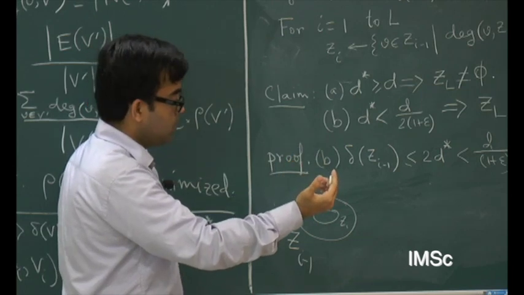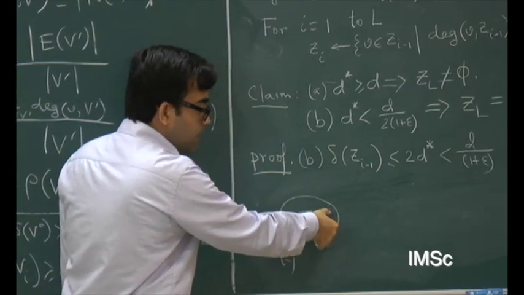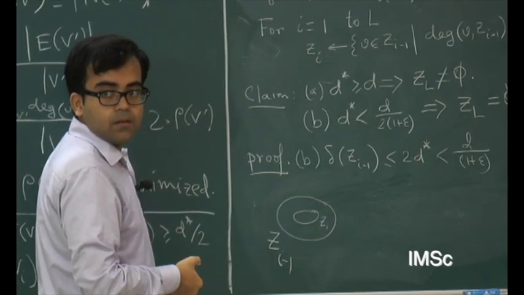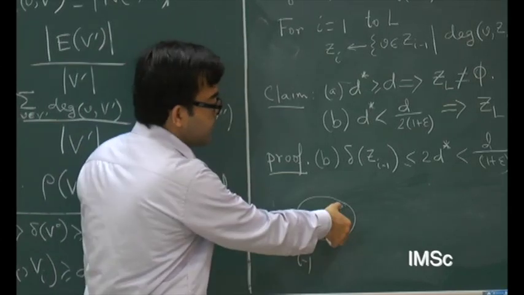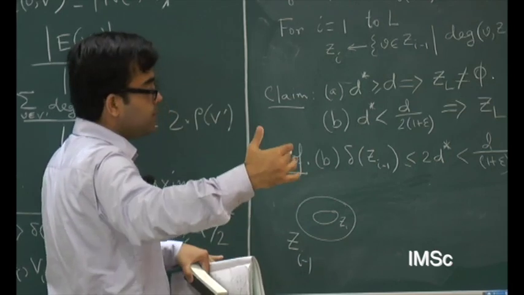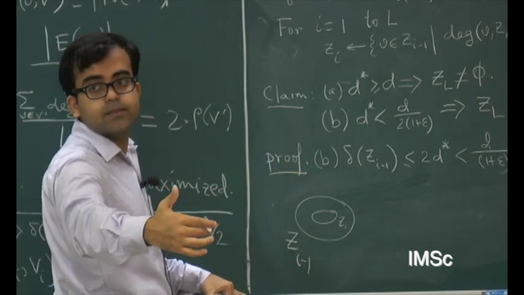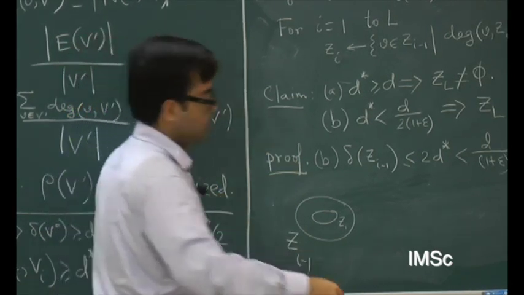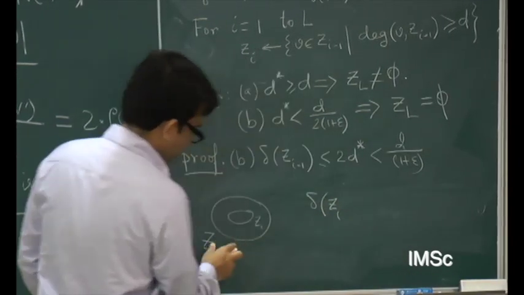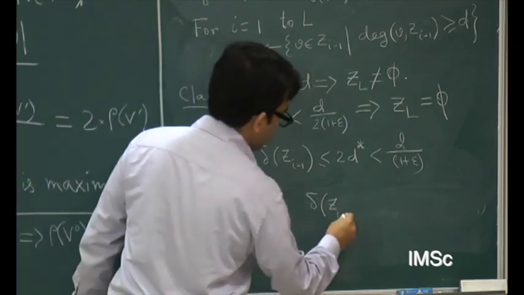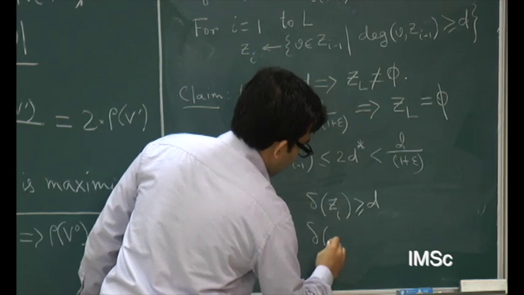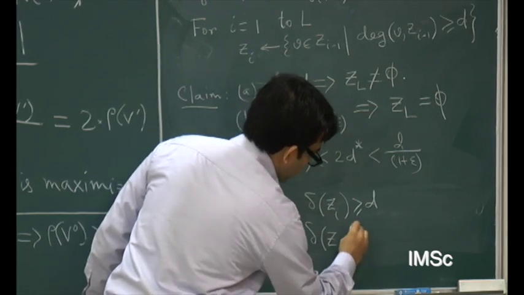So the size of Zi has to be small, because if the size of Zi is very close to Zi minus 1, the average degree in Zi minus 1 will increase, right? So you just look at this picture that Zi is a subset of Zi minus 1 and say that this is greater than d and delta Zi minus 1 is small.